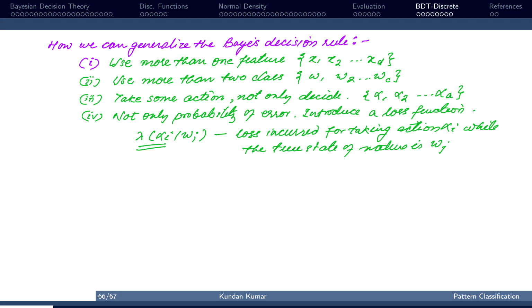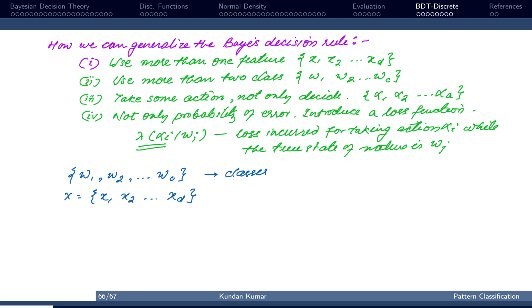So we will consider one by one to generalize our Bayes decision rule. So suppose first we consider a C class problem. So we have C number of classes and we have a d-dimensional feature vector.